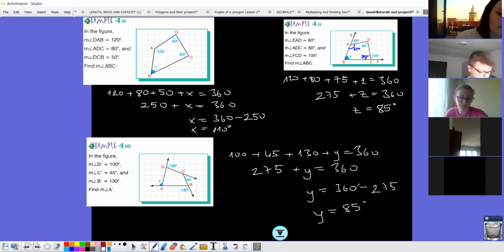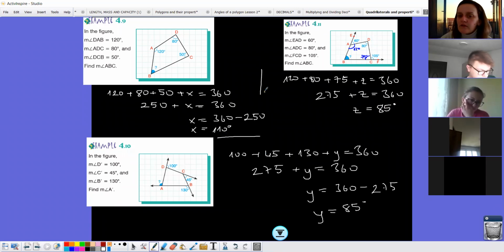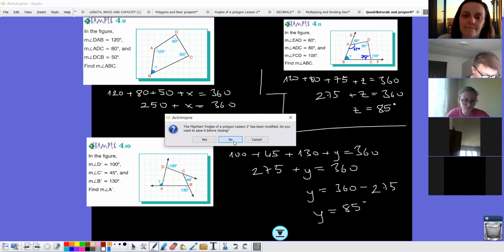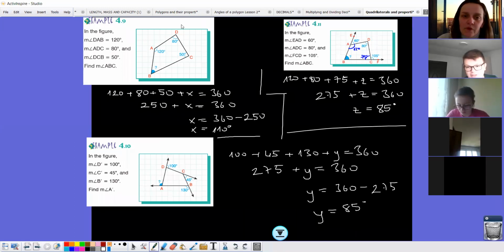So did we understand this one? Yes, teacher. Okay, it's easy. The sum of the interior angles is 360 and also the sum of the exterior angles is 360. It's okay. Can I continue to the other one? Just to write it again. Okay.